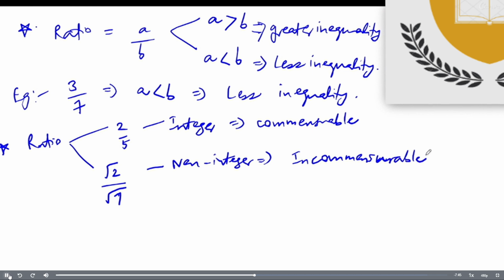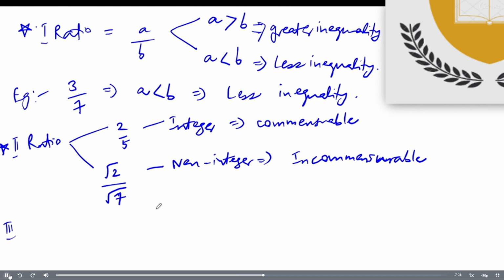Why do we say it's not a perfect number? When it's a non-integer, it means it's not a perfect number. If you solve for root 2, you'll get decimal points, and if you solve for root 7 also, you'll get decimal points. Because of that, we do not say they are integers, and those are called incommensurable. But 2 by 5 is an integer, it's a perfect number, that is commensurable.